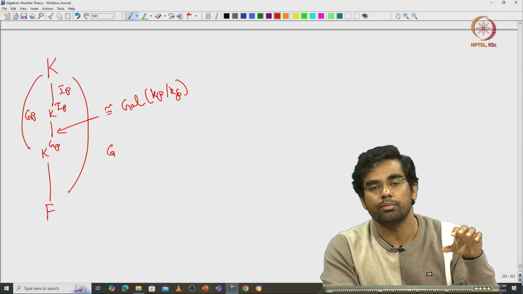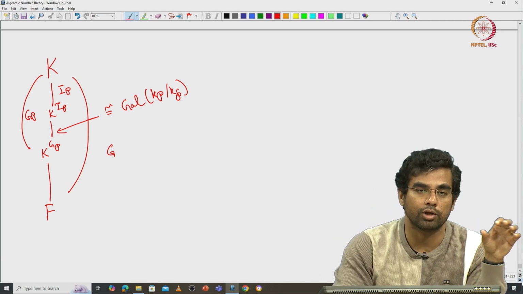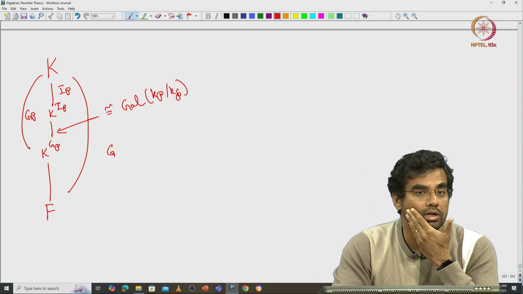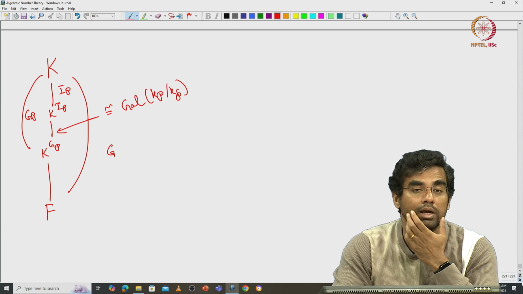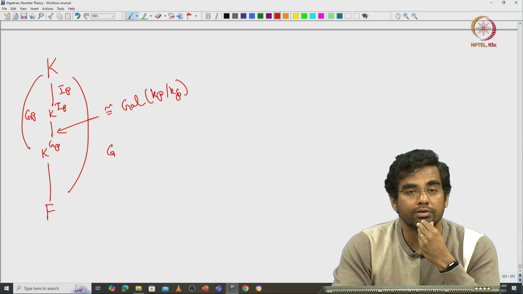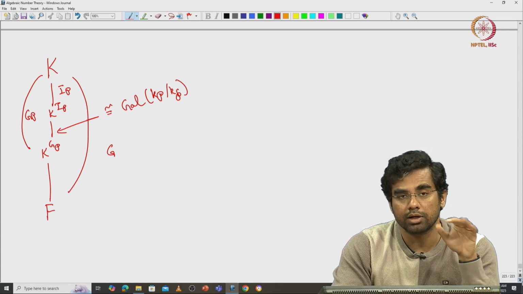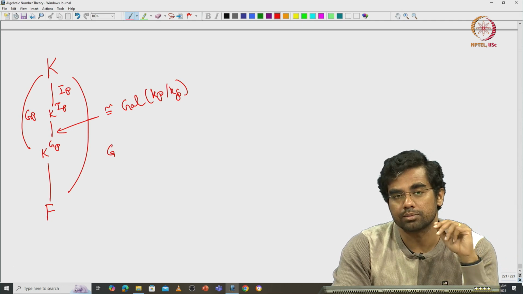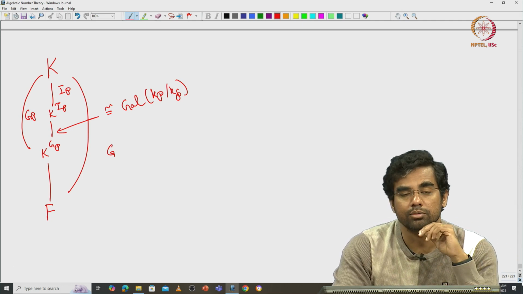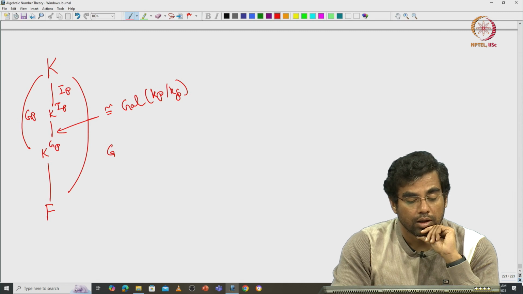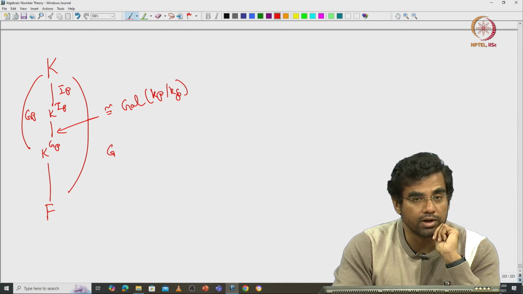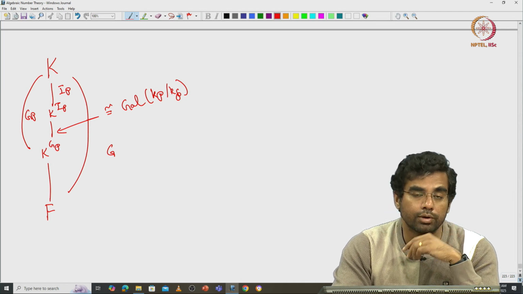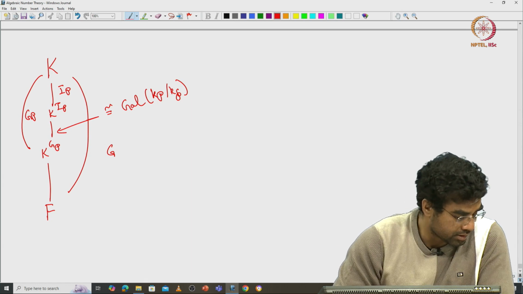You can decompose your inertia subgroup into smaller pieces and try to study each of those pieces separately. This is a very fruitful technique in algebra. This is what is called studying graded pieces in some sense, or studying a filtration more accurately. We are going to study the first step of this filtration, but we are not going to look at the whole filtration as such. Okay.